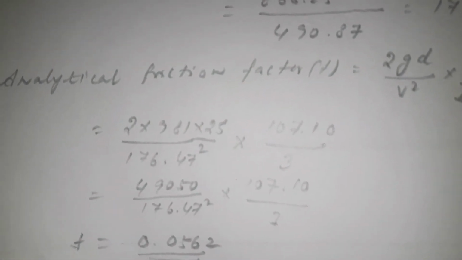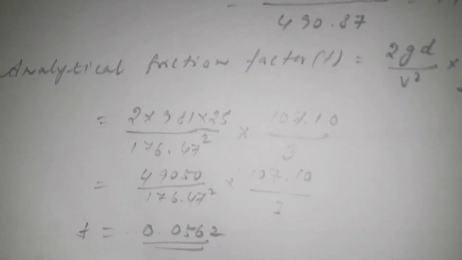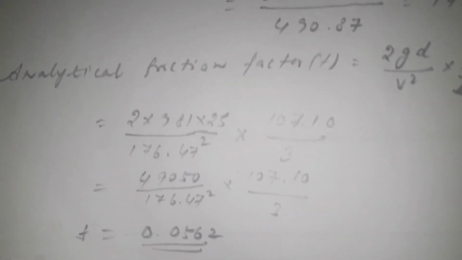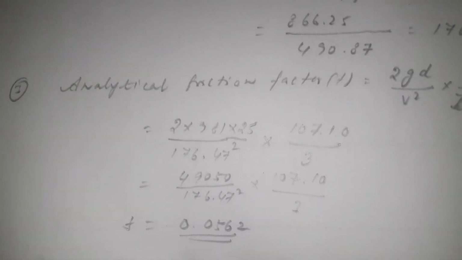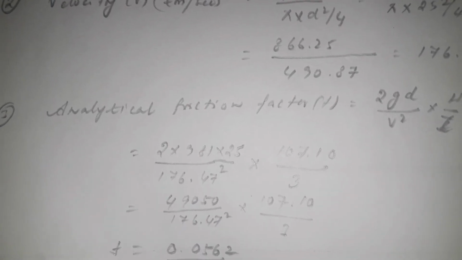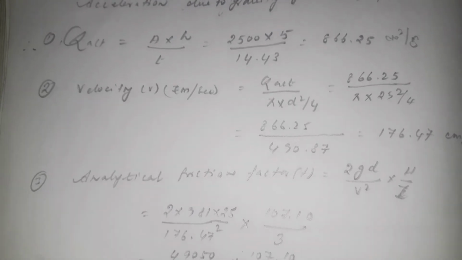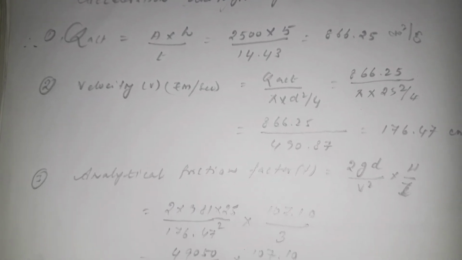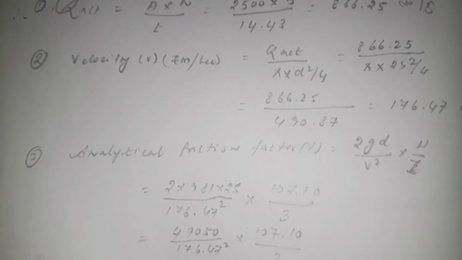Okay, afterwards the 25 mm diameter pipe is closed, then the 20 mm diameter pipe is opened, then conduct the experiment, again the same procedure, and observe all the values and tabulate. Then find out again Q actual and velocity and analytical friction factor.